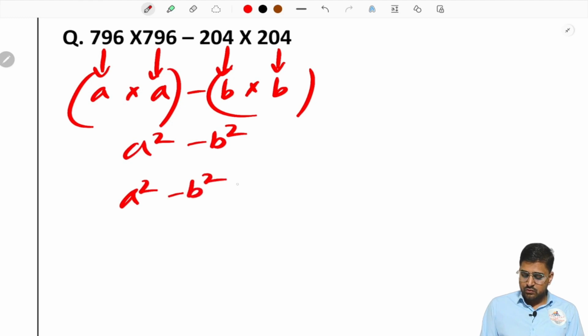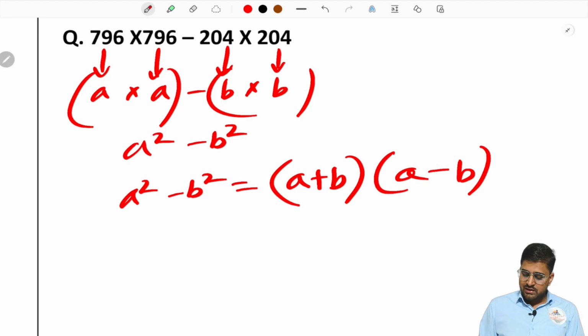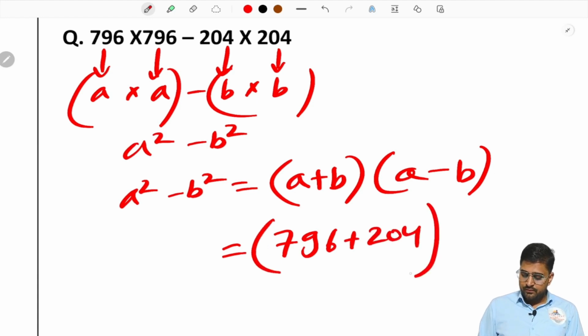A square minus b square is equal to (a plus b)(a minus b), as simple as that. What does a stand for? A stands for 796. And b is 204.